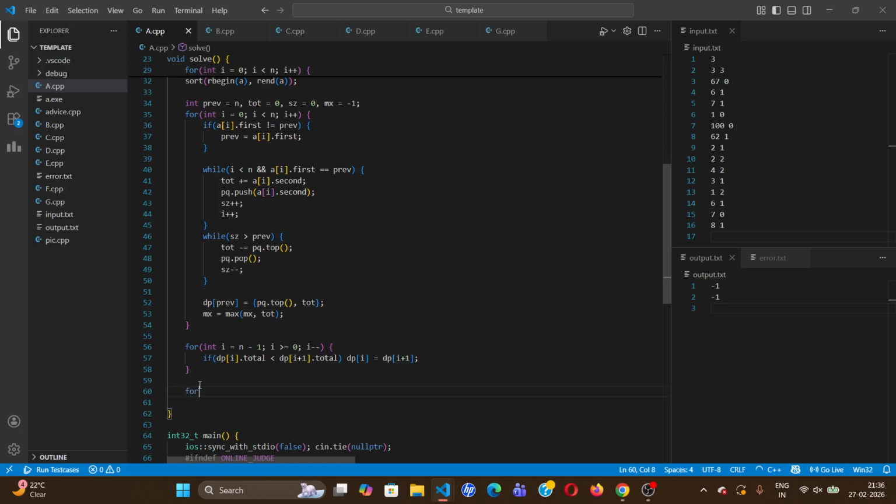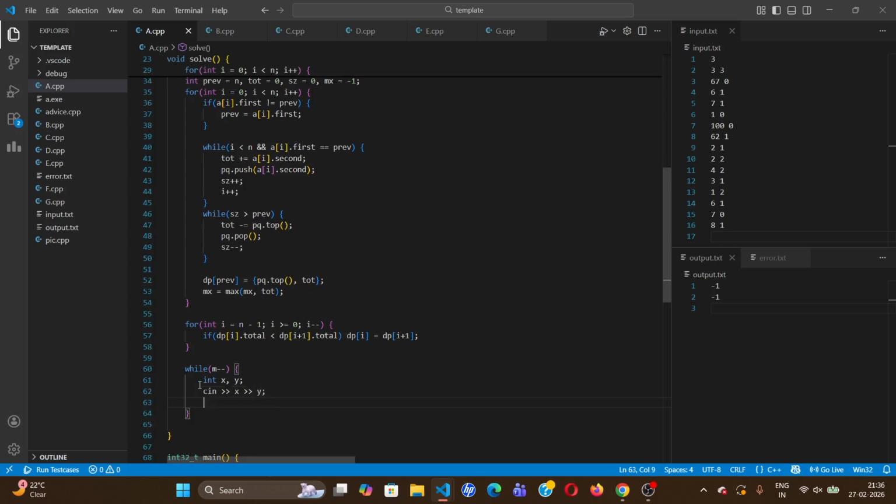Now total value. Now answer equals to dp of y.total plus dp of y.minimum plus x.